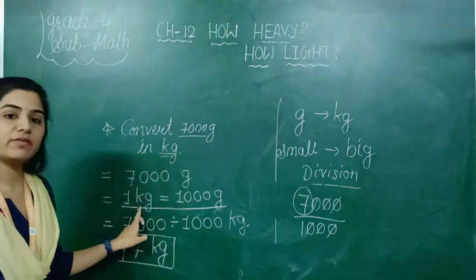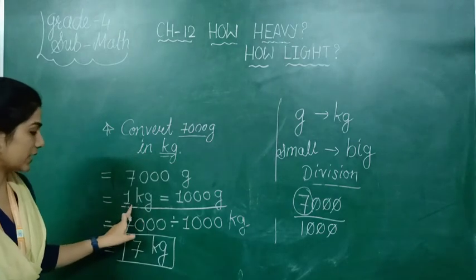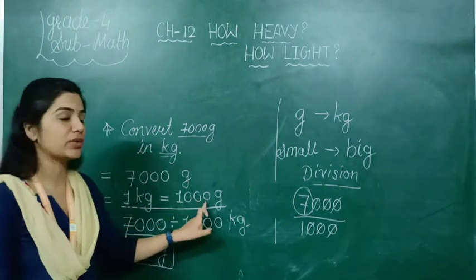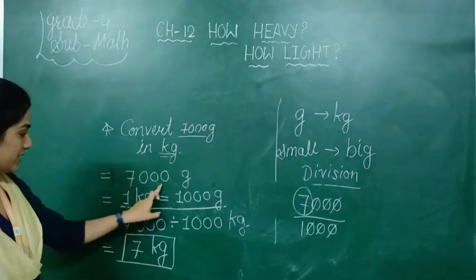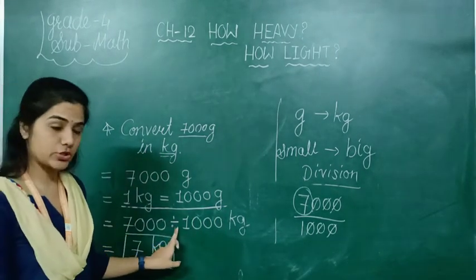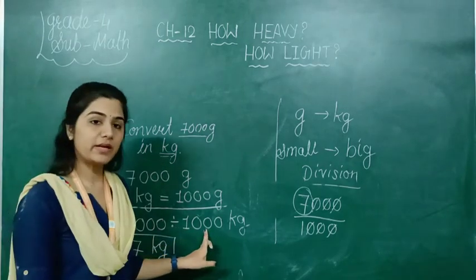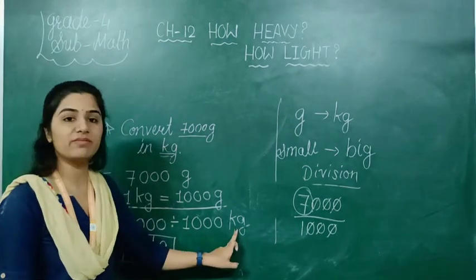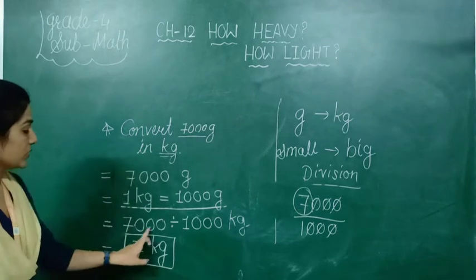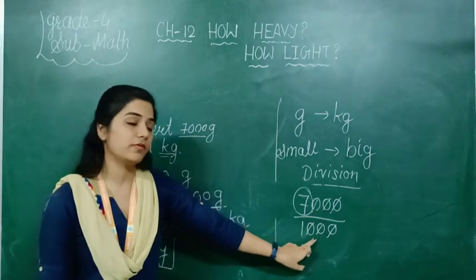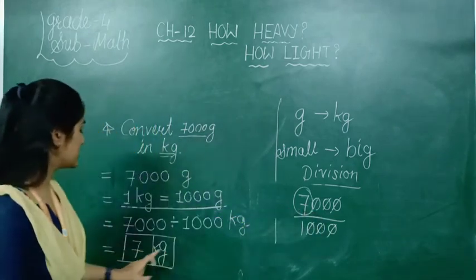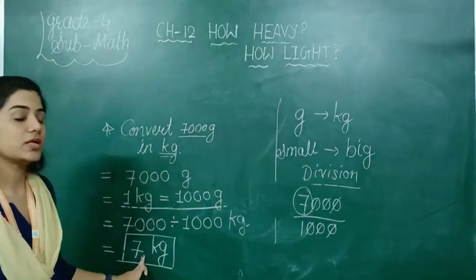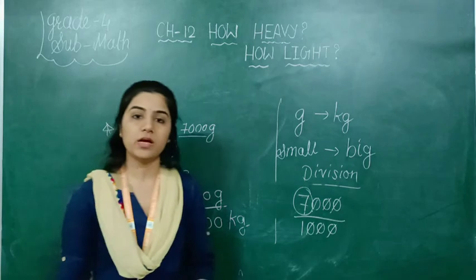And we use the formula 1 kg, that means 1 kilogram, is equal to 1000 gram. So we write 7000, the sign of division, and divided by 1000. Kilogram will come. So if we divide 7000 by 1000, the 3 zeros at the back are cut. That means 7 only is remaining. So 7 kg is our answer.